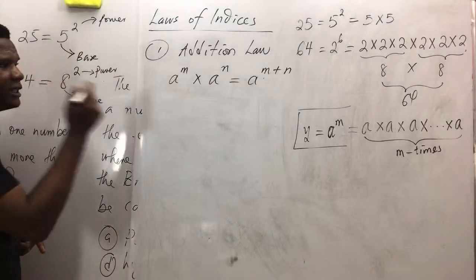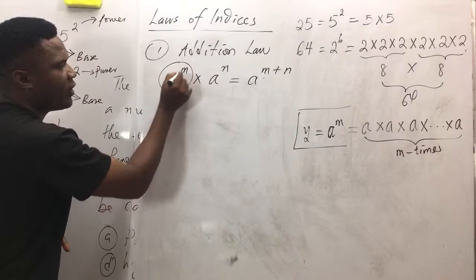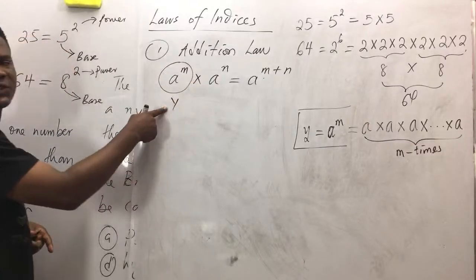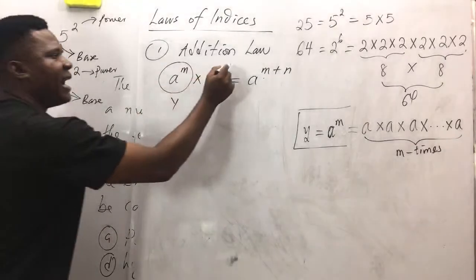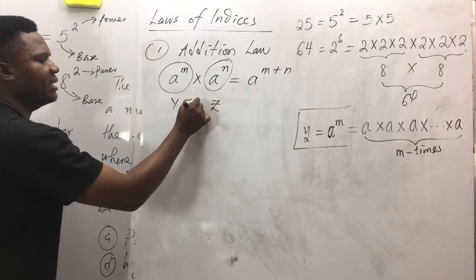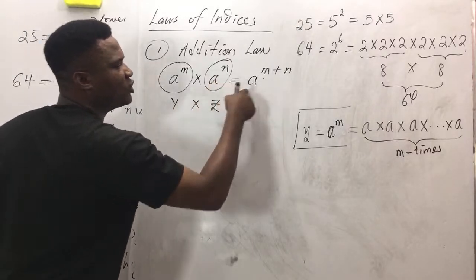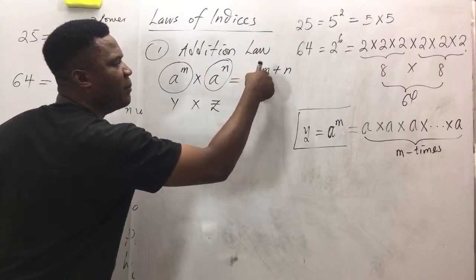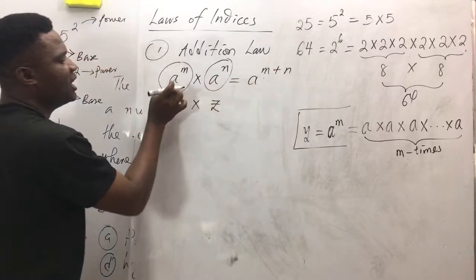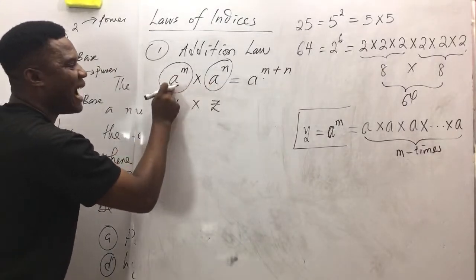So again, take a look at it. Let's assume I have a raised to power m as the index form of this number y, and I have a raised to power n as the index form of this number z. So multiplying y with z can be simplified using this expression a raised to power m plus n. This law will only hold when the bases are the same.